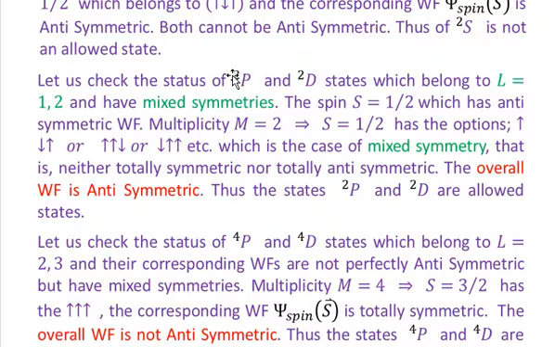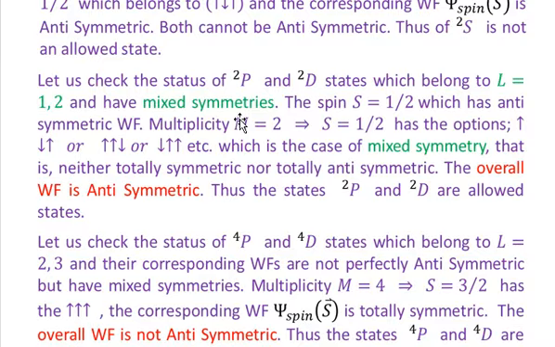Let us check the status of 2P and 2D states, which belong to capital L equal to 1 and capital L equal to 2 respectively, and have mixed symmetries. So we have already declared that these 2P and 2D states have mixed symmetries.